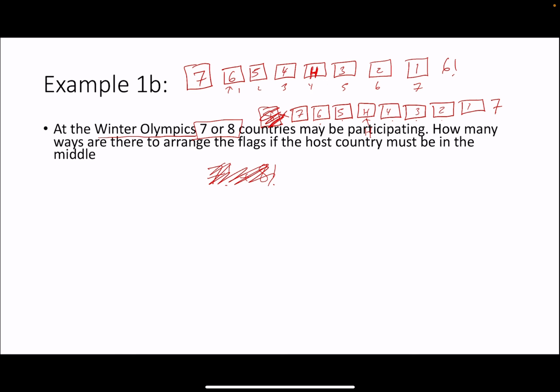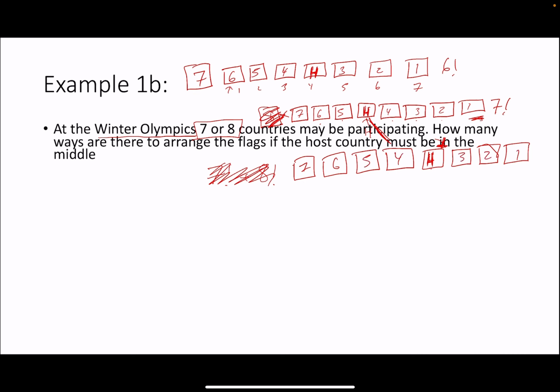But it could also be the case that the host country is in the middle right here. And every time the host country is in this position, that doesn't intersect with any of these, because that would mean it was over there, right? So if I specify it's H, therefore I have a third case where it's 7, 6, 5, 4, 3, 2, 1.